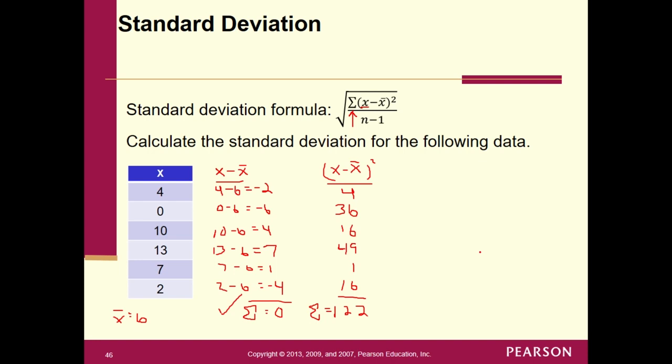We have our numerator. So we have the square root, and then we have 122 for the numerator. What's the denominator? Denominator is n minus 1, and so we had 6 minus 1. So we got to put it in our calculator. Remember, you have to think of that as parentheses there. So that's 5, right? So we got 122 divided by 5.